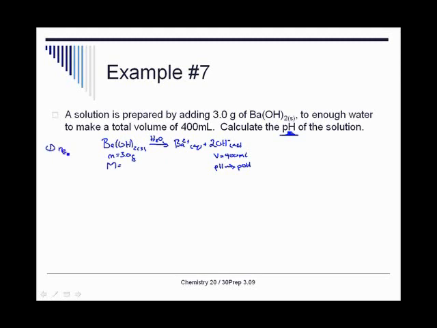We're going to find the number of moles of barium hydroxide. From that, we can find the number of moles of OH using our mole ratio. Once we get that, we're going to need our concentration of OH, and from that we can find our pOH. Once we get pOH, we can find pH. So there's our list of steps.